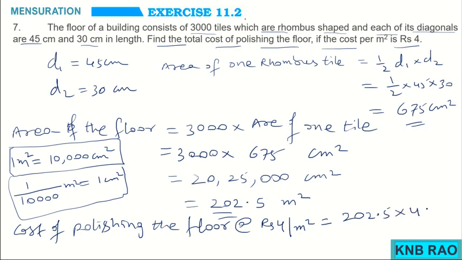On multiplying this, it becomes rupees 810 as the cost of polishing that floor.